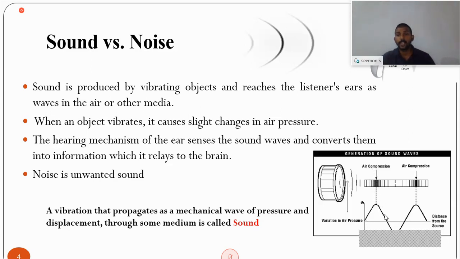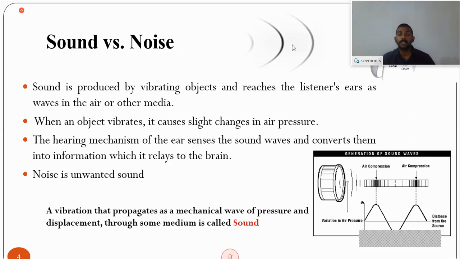That will produce a positive wave, shown here. And when the wave reflects back, the air is released, which is the negative pressure shown in this graph.